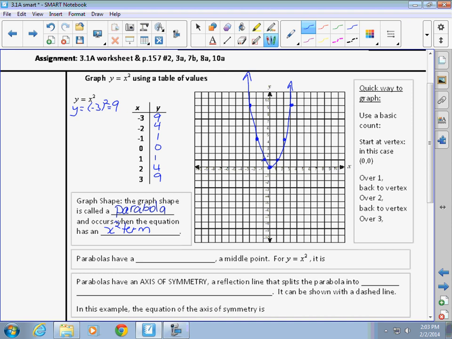In the box on the right there, it says a quick way to graph. When you've got a basic graph of y is equal to x squared and you don't have any type of transformations that you're working with on it, you can just do a basic count from there. You're going to graph your vertex, so I'll do this one in red. I'm going to start at the vertex and graph 0, 0. And then I go over 1, up 1.